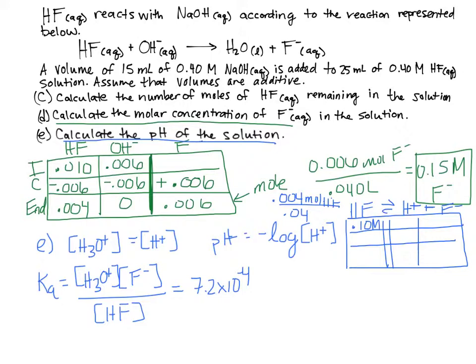This happens immediately after titration, so I can start with the stuff that I had at the end of the titration. Then we're going to have 0 hydrogens at the beginning and 0.15 molar fluoride from our previous calculation.